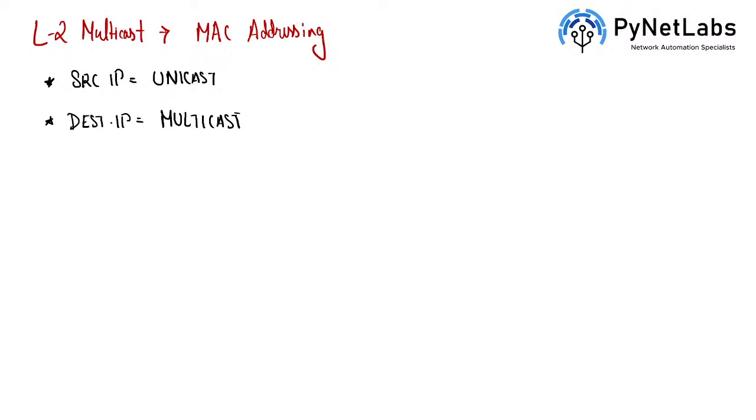A common MAC address was designed to support the mapping of layer 3 to layer 2, because in normal networking, whenever we talk about layer 2, we have source and destination MAC.